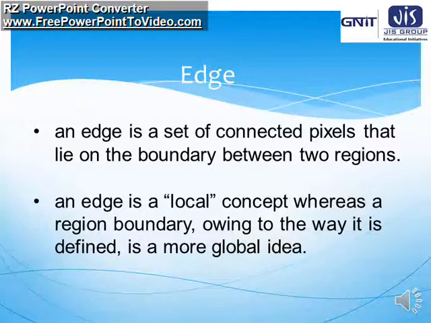If we consider the definition, what is an edge? An edge is a set of connected pixels that lie on the boundary between two regions. In other words, we can also say an edge is a local concept, whereas a region boundary, owing to the way it is defined, is a more global idea.